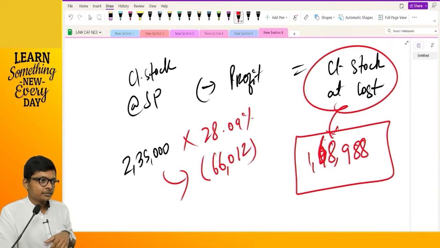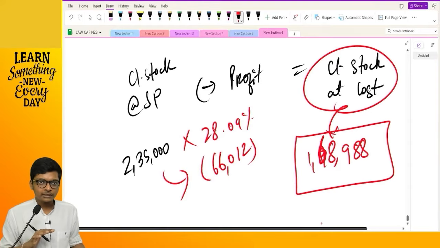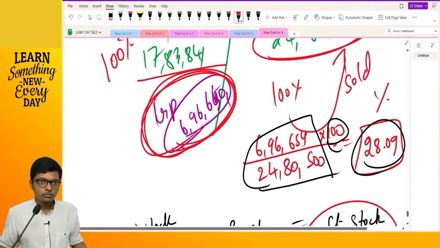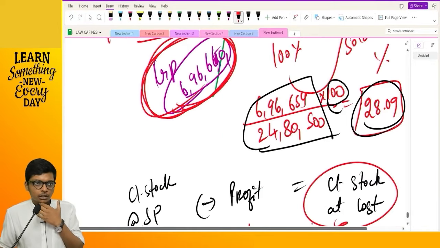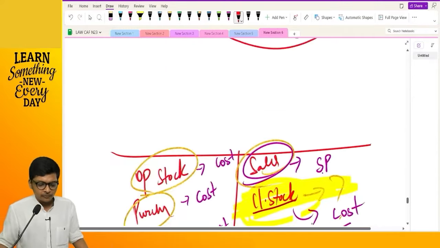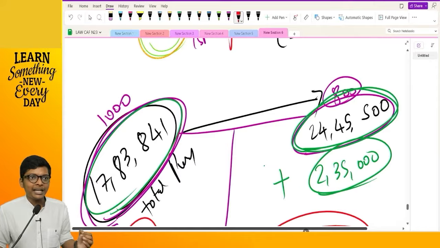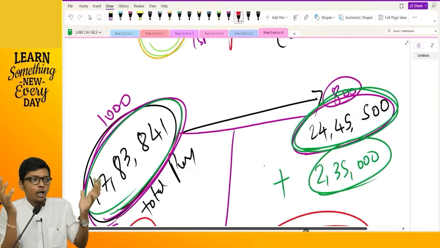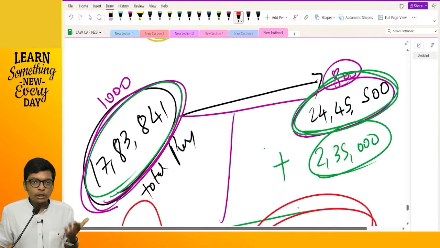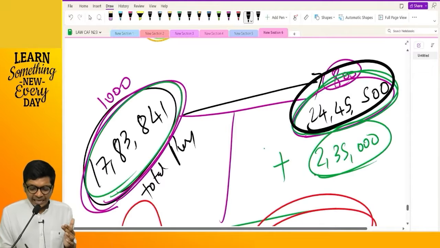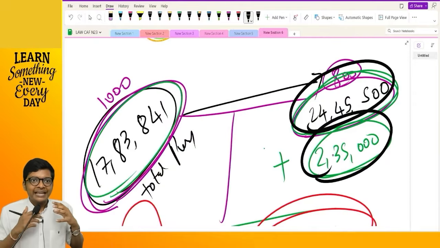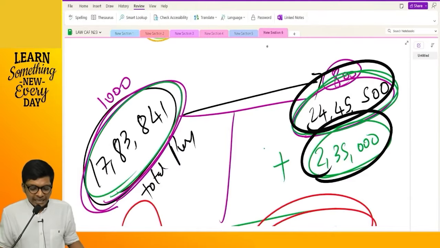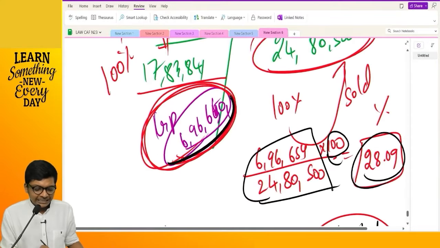Are you following, guys? Are you understanding? Hello, Lakshmi, following? You can copy it down, guys. I'll just summarize one time fully what is happening. First we are finding out total cost of purchase. What all is included in cost of purchase? Then because the question gave me sales and selling price of closing stock, I am assuming that if I sold all the goods, I will make a profit of 6,96,000.